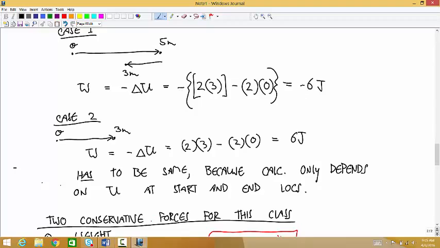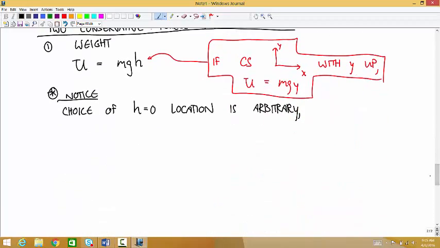Yep, thank you. I just calculated the change in potential energy. I didn't use the negative sign, so I got the sign flipped. Okay, so that makes sense, right?